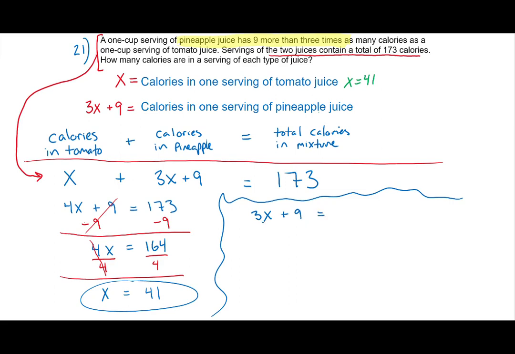So we'll replace that x with the number 41. 3 times 41 plus 9. Okay, so we take 3 times 41, that'll be 123, plus 9, which will give us a total of 132.